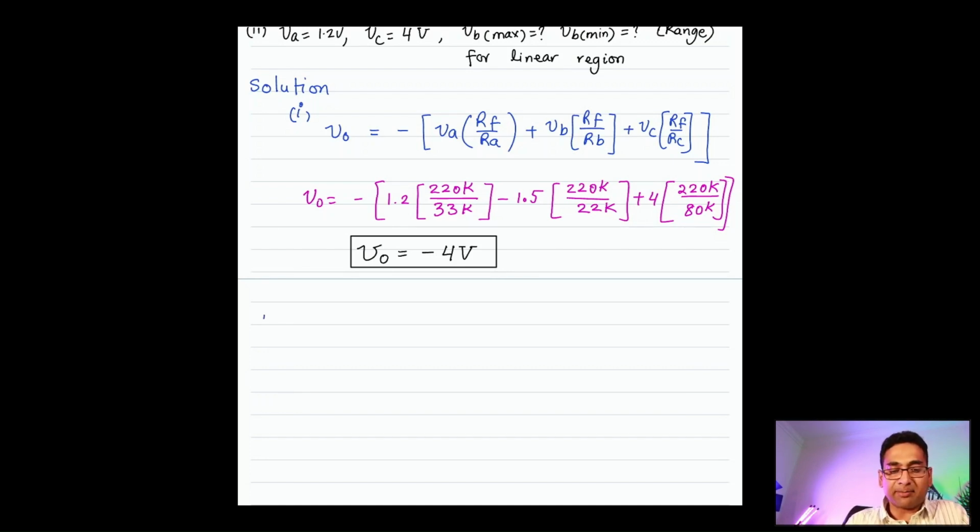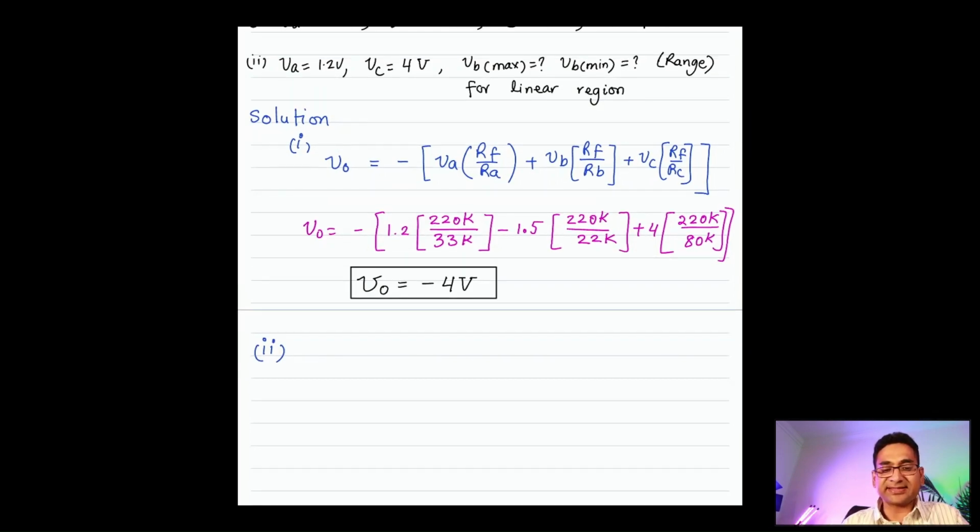The second part of the problem is just as simple. Now you see VA is given. I'm going to rewrite some part of it. VA is given to be 1.2 volts. VB, we are supposed to find a range for it.